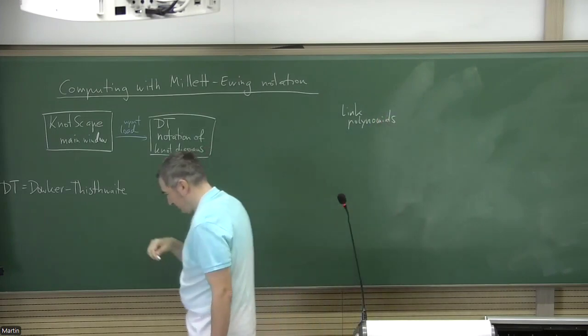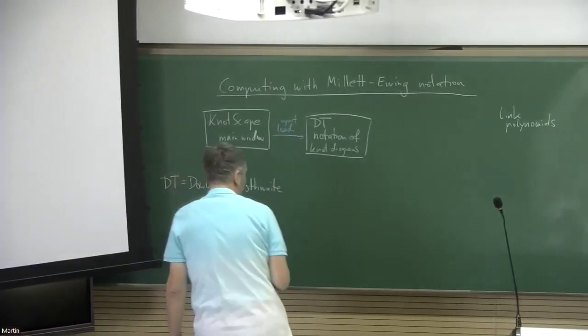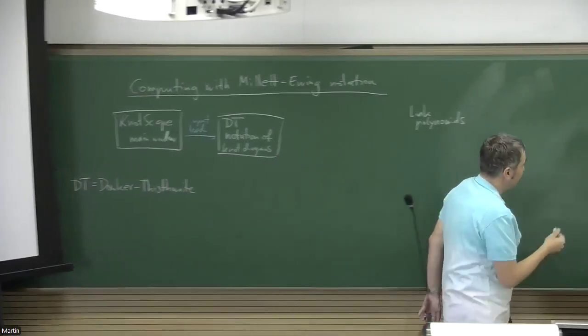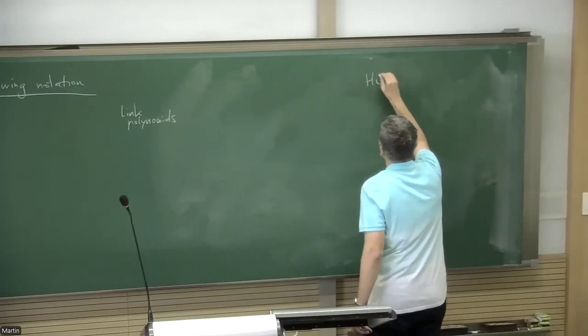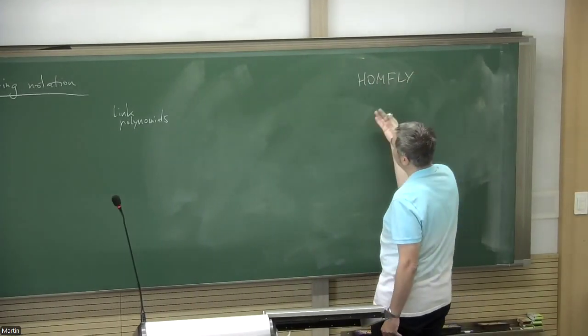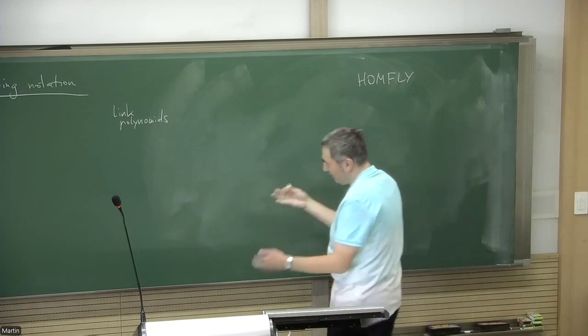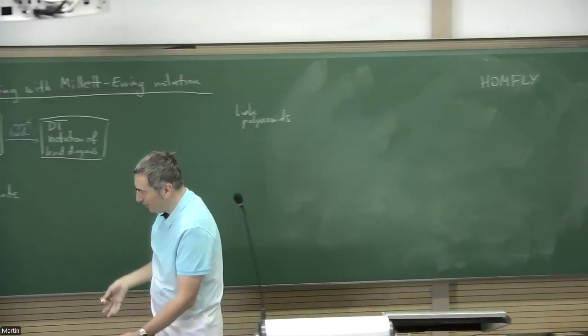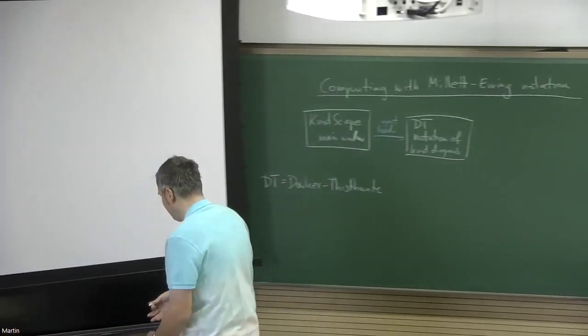There are polynomials like the Homefly polynomial. Whenever you have a link, you can associate to it a polynomial, in this case with two variables.